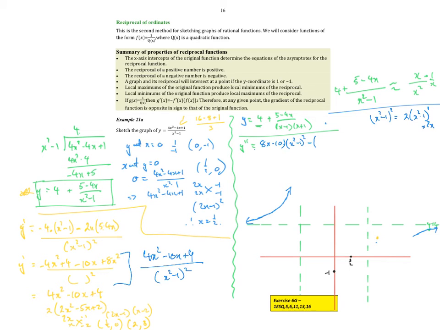So what's that? 4x times (x squared minus 1) times the top, which is 4x squared minus 10x plus 4, all over the bottom, which is (x squared minus 1) squared squared.